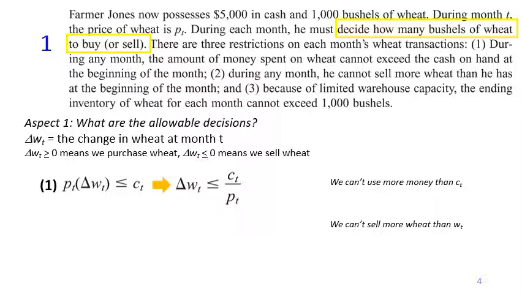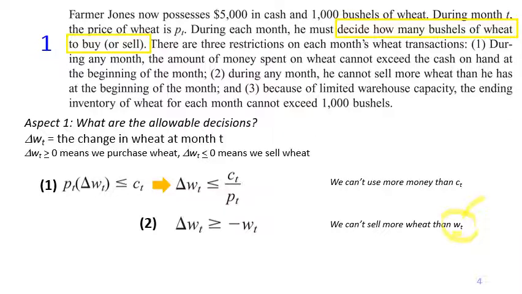Obviously we can't sell more wheat than we have at the beginning of the month. So WT is the wheat that we have at the beginning of the month. Notice the difference: delta WT means the wheat we buy or sell at month T. WT only, without delta, means the wheat that we have at the beginning of the month.